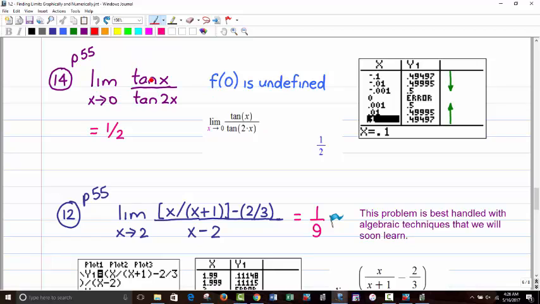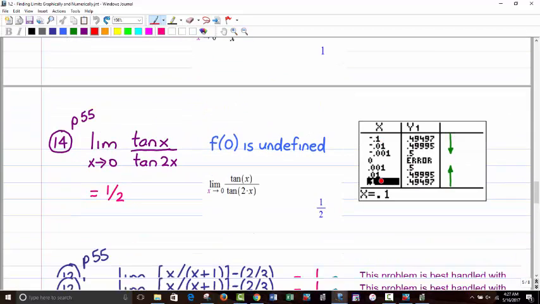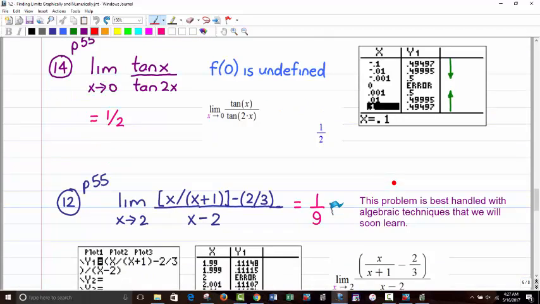So tan by itself doesn't mean anything. It's got to be tangent of something. I know it just looks like the tans cancel and you have x over 2x equals 1/2, so I assume it probably works out that way. But mathematically, based on what we're doing, plugging numbers in, I didn't graph this, but I could, and it would certainly be approaching 1/2.